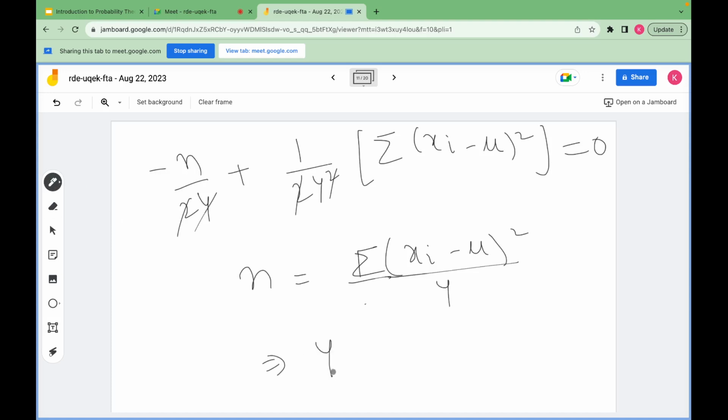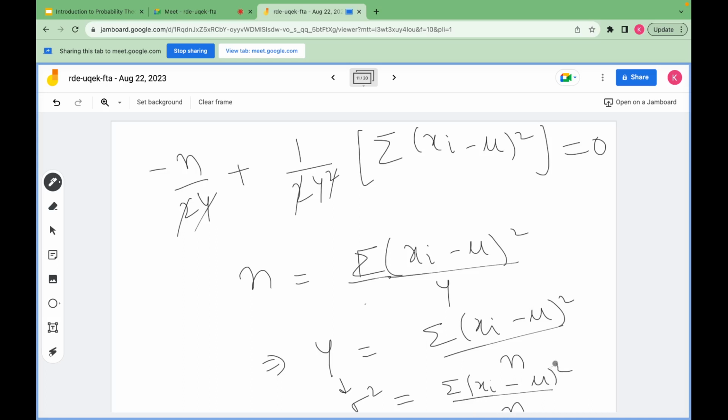So from here we get y is equal to summation xi minus mu whole square divided by n, and this y is nothing but sigma square. Sigma square is summation xi minus mu whole square divided by n.